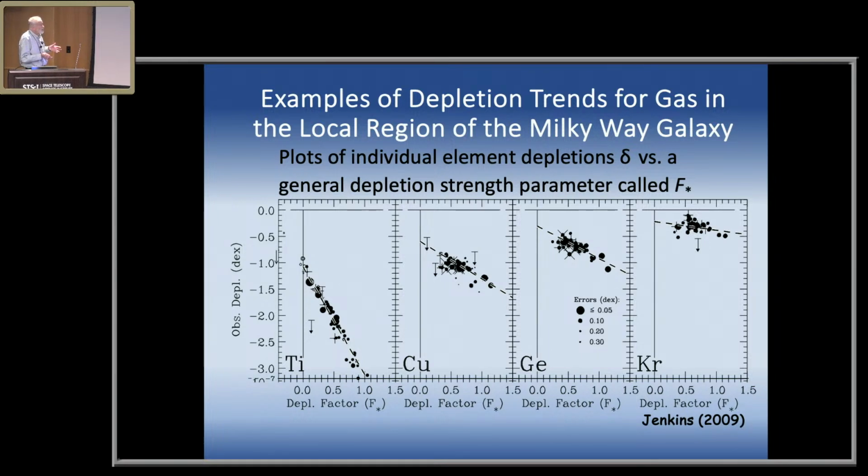The observed depletion on the y-axis, again that's logarithmic, you can see that for all the lines of sight, they all follow this F-star trend, but at different rates, depending upon whether you have a volatile element or a refractory element. Titanium depletes very rapidly, whereas germanium and surprisingly even krypton, a noble gas, depletes less severely.